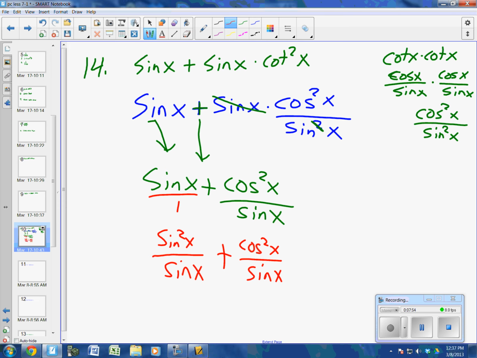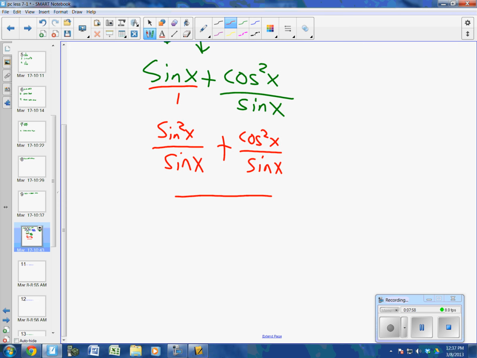Now, since we have a common denominator, we can write this as 1 fraction, you guys, with a denominator of sine of x. And the top we can write as sine squared of x plus cosine squared of x. Do you recognize any substitutions we can make right here? 1 for what? For the top. Why can we substitute 1 for the top?